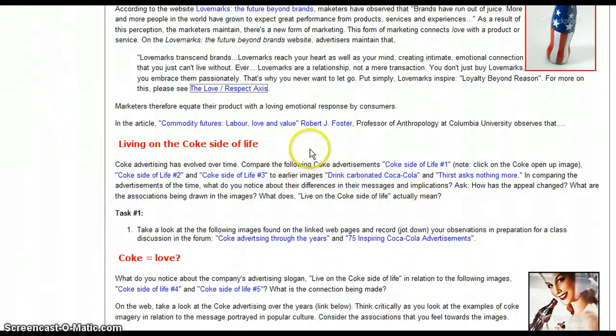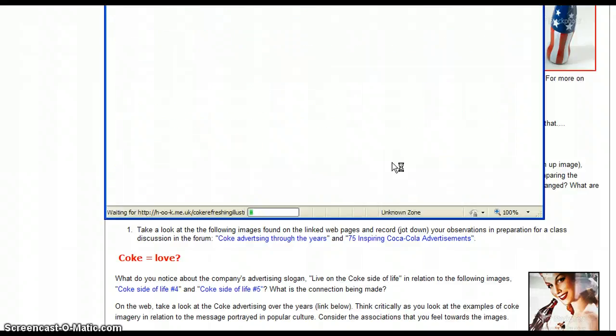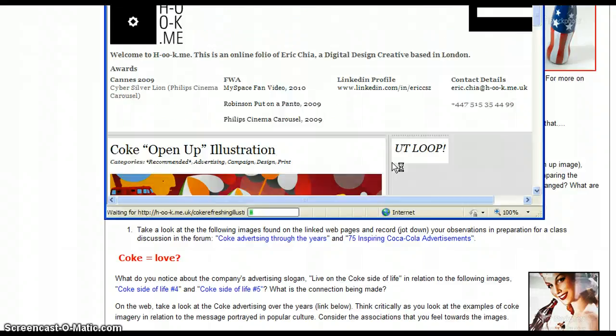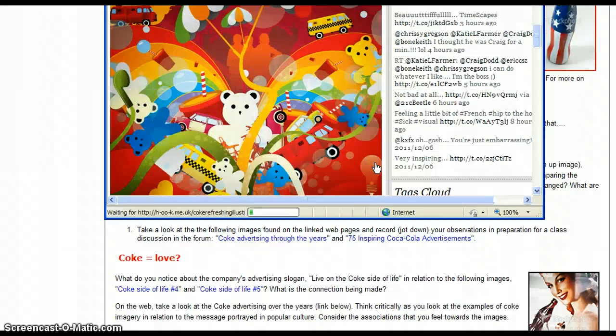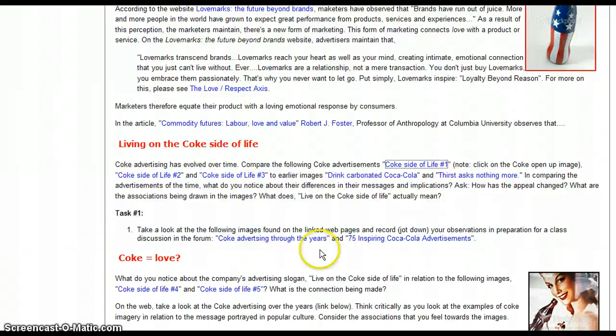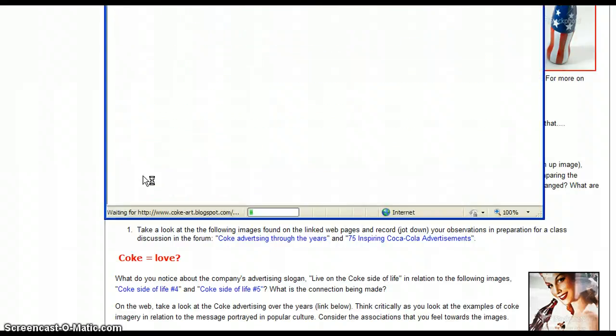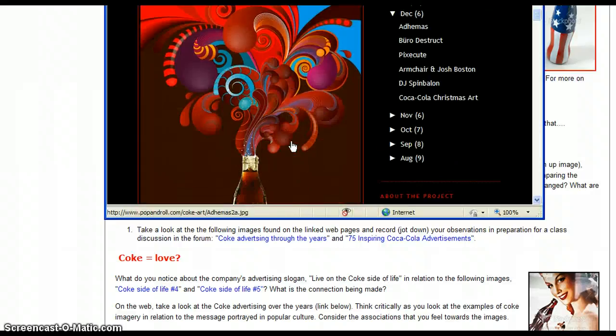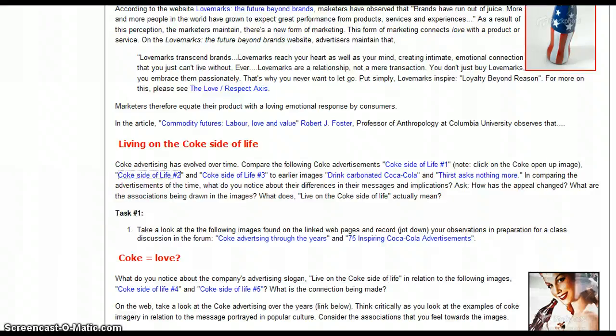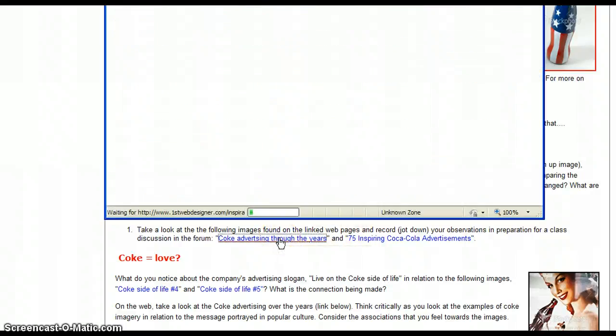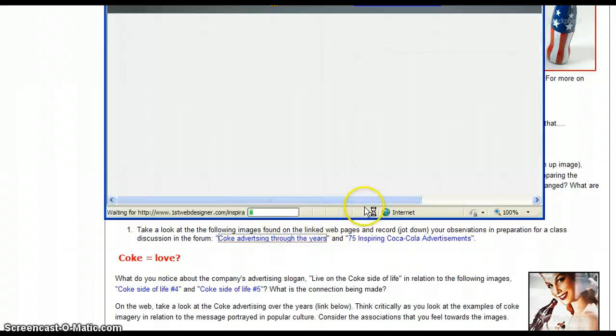The idea is, instead of showing the picture in a PowerPoint or embedding it in the course, we can link to it. So a student can click, go look at the picture, and then come back. They're told to look at these Coke pictures, and then there's a task where they look at the history of the advertising of Coke.